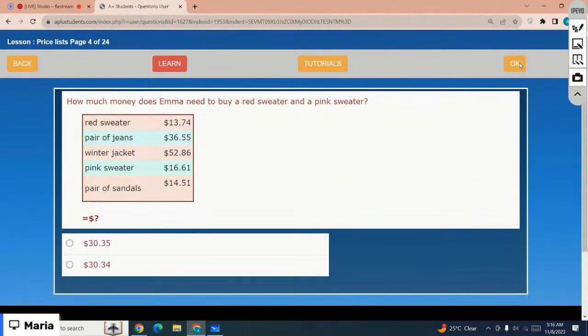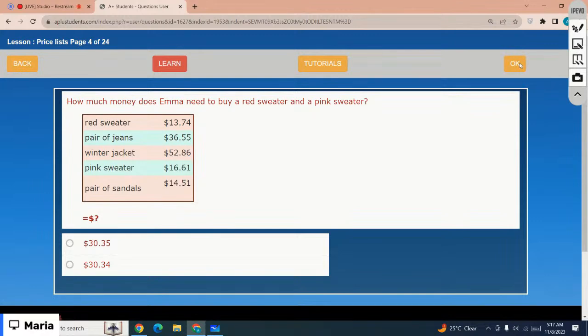How much money does Emma need to buy a red sweater and a pink sweater? A red sweater costs $13.74 and a pink sweater costs $16.61. So you have to add the price of the red sweater and the pink sweater.